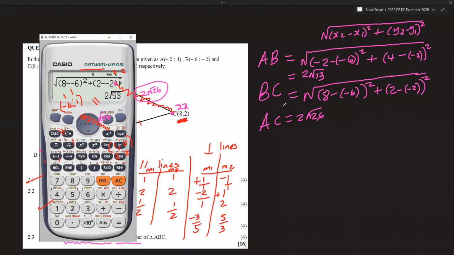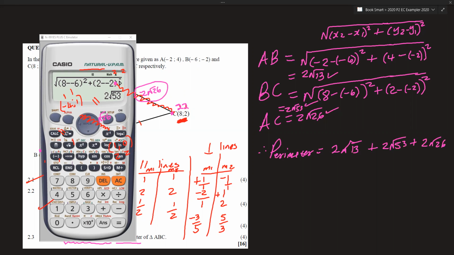So the answer is 2 root 53. Therefore, the perimeter of the triangle will be this answer plus that answer plus that answer, right? Which is 2 root 13 plus 2 root 53 plus 2 root 26.